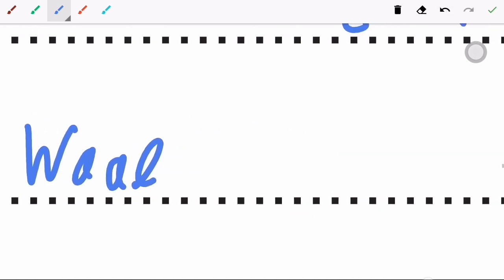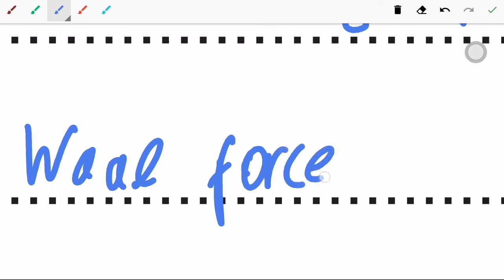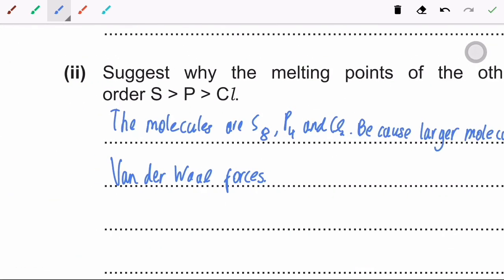Van der Waals forces are deeply influenced by the number of electrons. So you just state that the electrons are greatest in sulfur, lesser in phosphorus, and even lesser in chlorine. You have got to state that, and then you can write the reason.